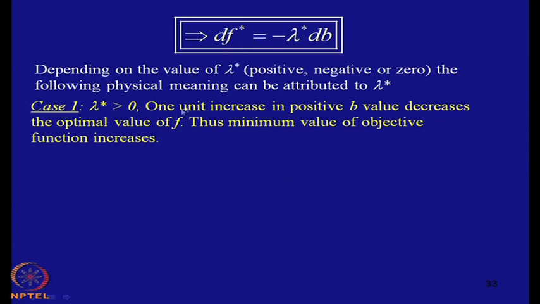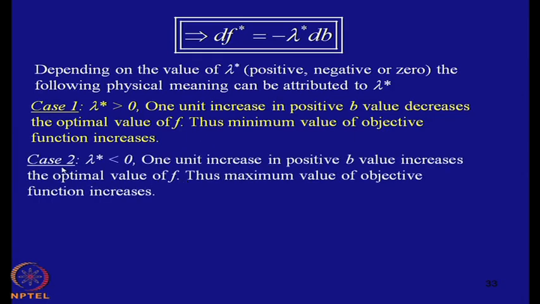In general, when we consider the Kuhn-Tucker condition further, we will see that for the minimization problem the lambda star will always have a positive value; we will detail that next. But for the time being, we want to say that if we increase the available resource by 1 unit, then the objective functional value will decrease. That is better for the minimization of the optimization problem.